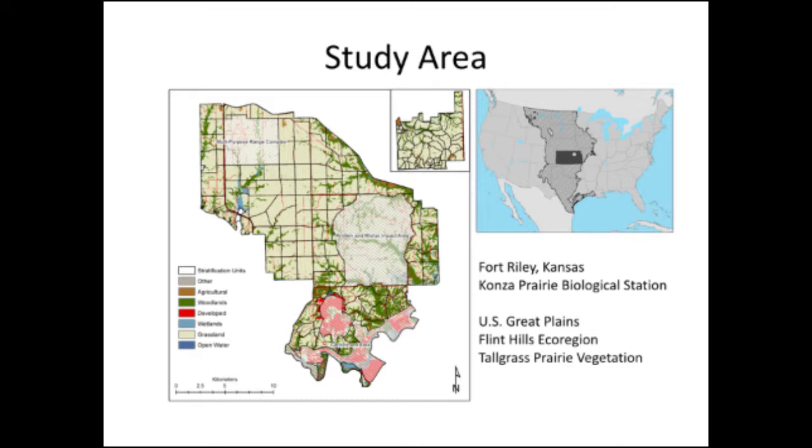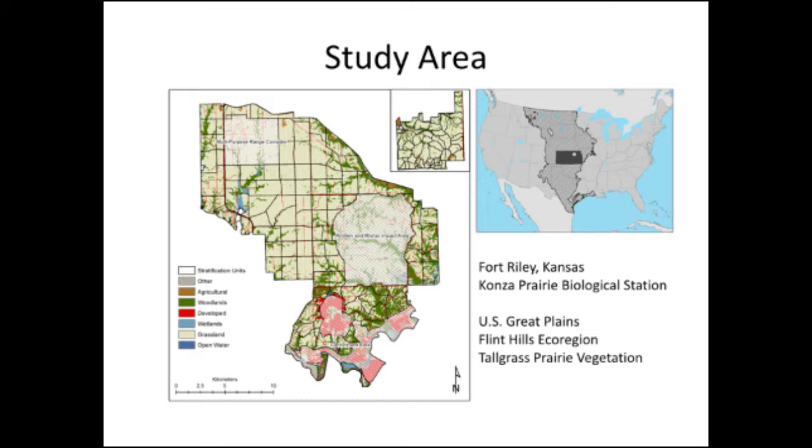So our study area is Fort Riley. All the examples we'll see here are from Fort Riley. Fort Riley is a pretty large military installation, about 64,000 hectares. It is kind of in the top third of U.S. Army installations in the country in terms of land area. So it's very important to the Army as a site for mechanized training.